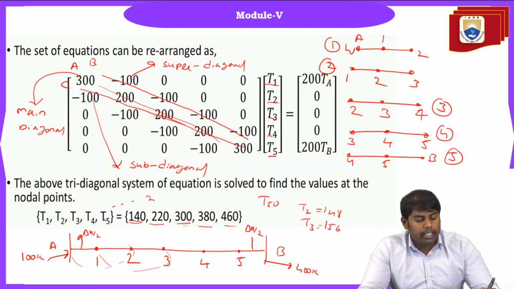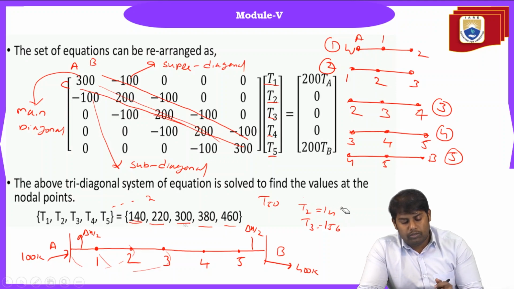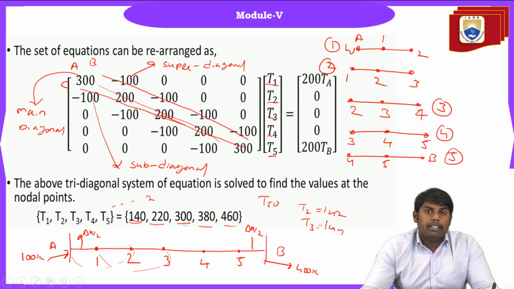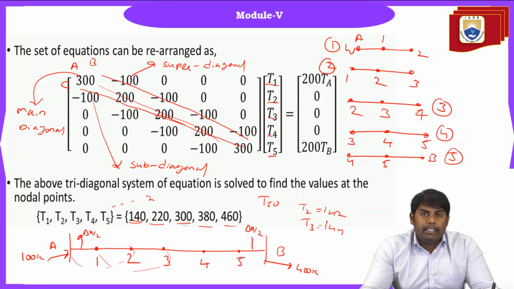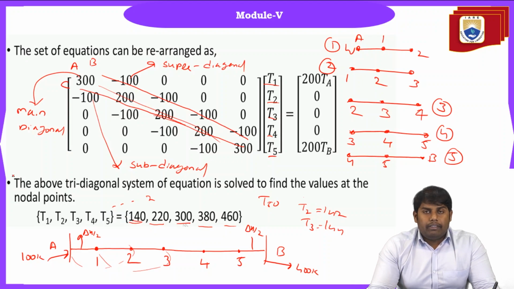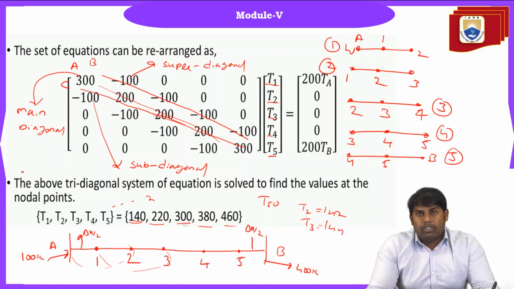So in the sense, T1 is 140, T2 is 142, T3 is 144. So what I'm showing is the profile with respect to X, drawn in a smooth curve nature. The main difference is that the solution will be the same.